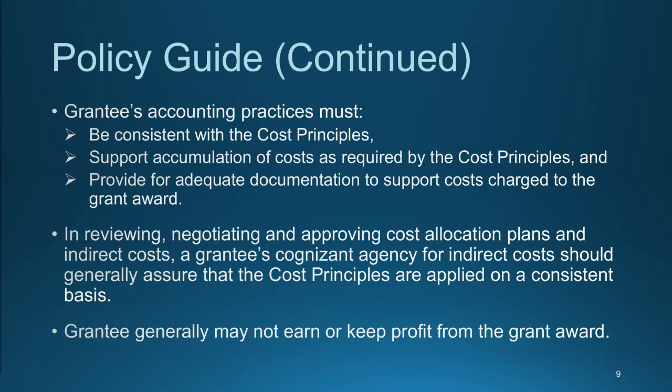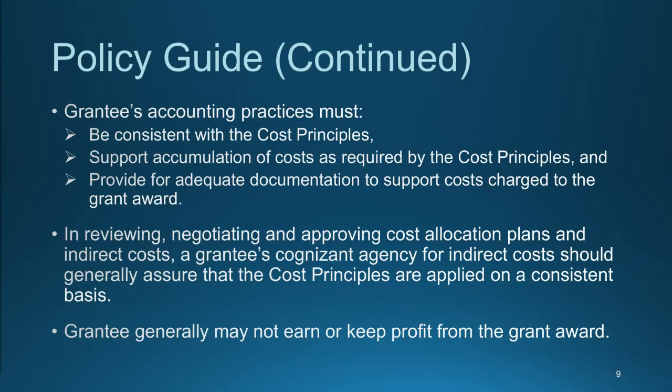The cost principles are similar to that, but on a cost determination level. So the cost principles, whether you receive one award or 2 awards or 100 awards or thousands, heaven help you if you have to manage thousands of awards, are designed to have consistency across how cost allowability determinations are made.